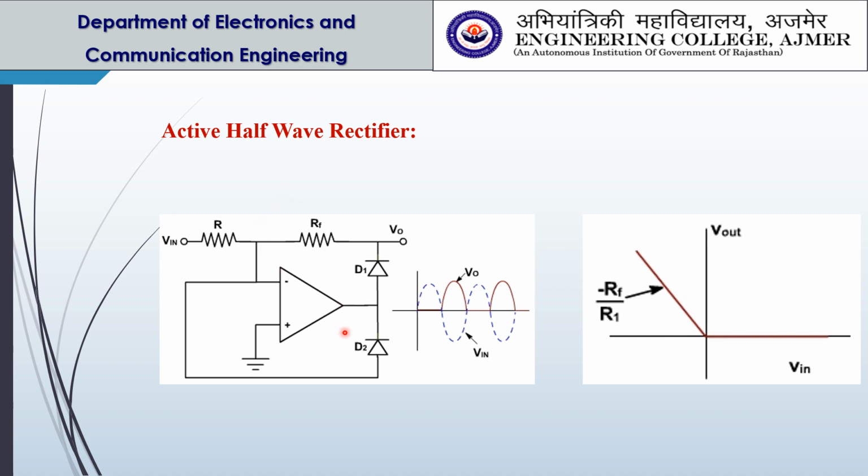If Vin is positive, then the output of the operational amplifier becomes negative because the non-inverting terminal is grounded, and the output of this op-amp is given by this minus this into A. Thus, if the output is negative, diode D2 will conduct and provide a negative feedback.